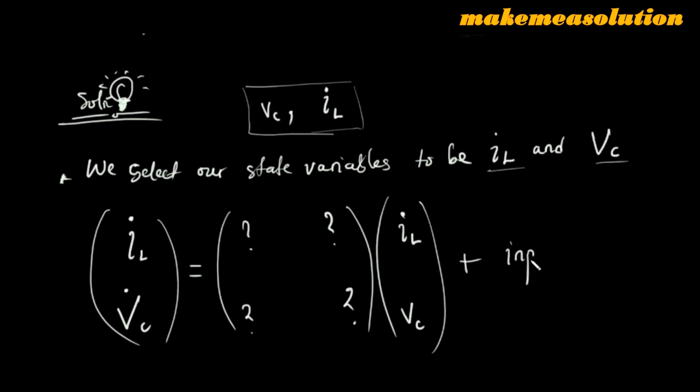So this is how to get the state space representation of our system. For two states, you're going to have a two-dimensional state matrix, a 2x2 state matrix. The state matrix is one of the most important things that we want to discover when we are getting the states. So how do we populate this particular matrix over here?